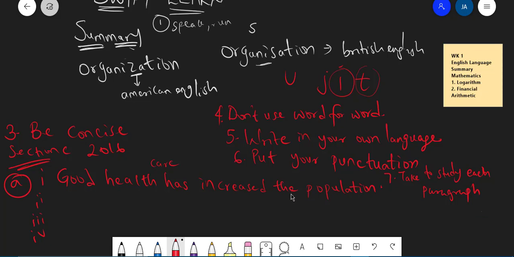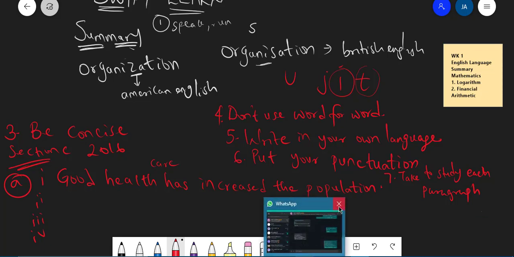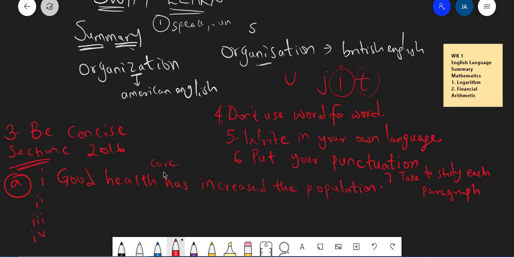good health has increased the population. So he said good health care has increased the population. Okay, it's actually concise and short. It's very good, but someone like me, I might not want to put this word healthcare.